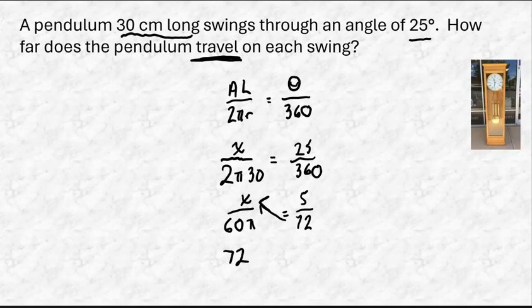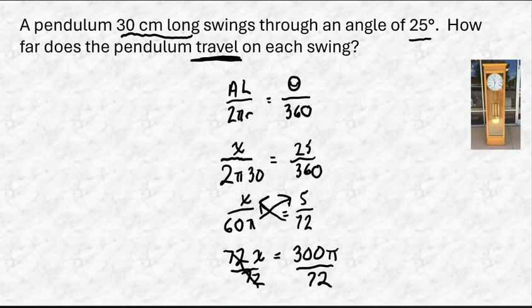That's 72x is equal to 300 pi. And this is just going to be an ugly problem. I'm going to divide by 72 on both sides. And let's see what we get.